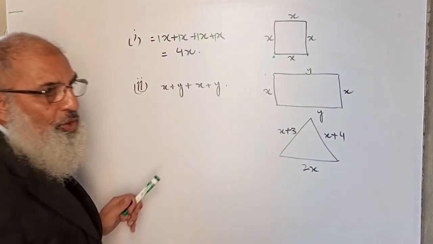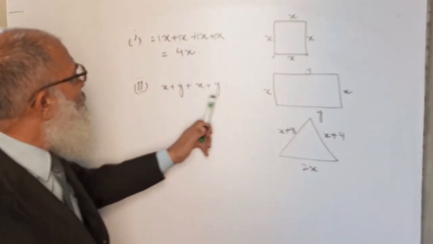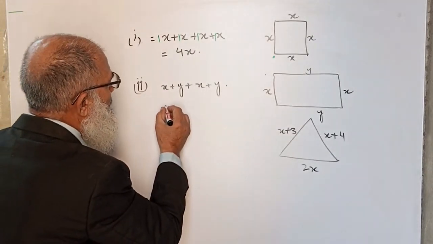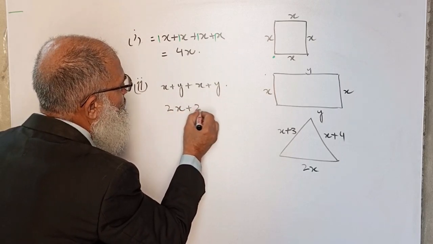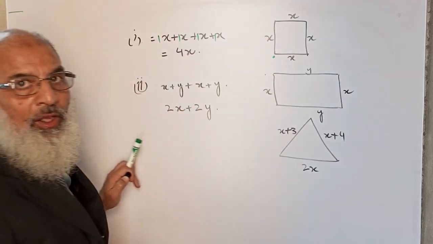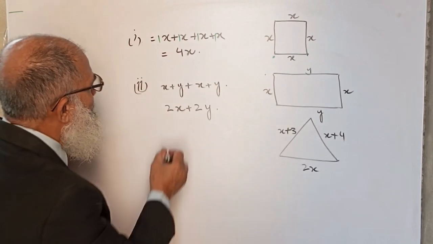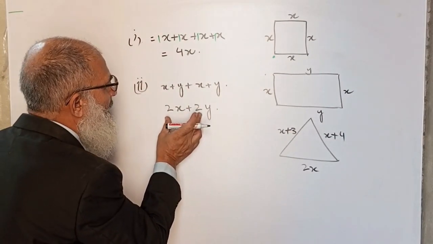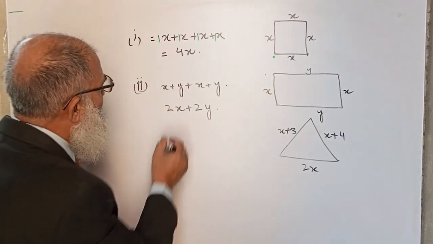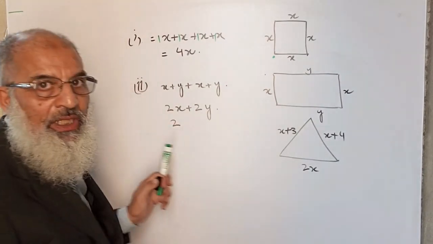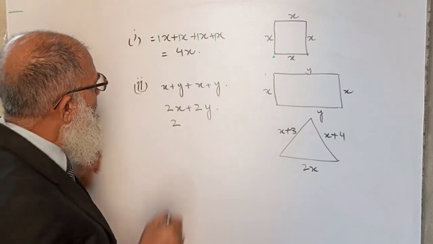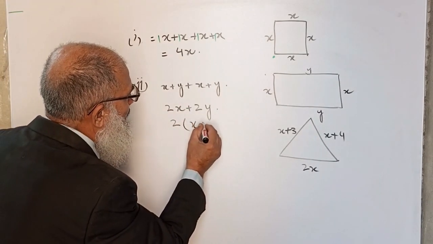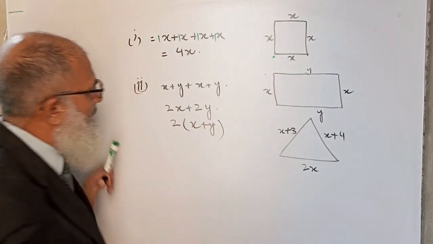So we have got 2 y's and 2 x's, so we write here 2x plus 2y. It is not finished at that. We'll pick a common factor between them, and that is 2.